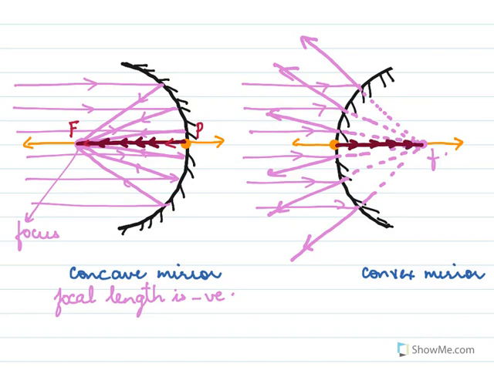From the pole we go to the focus towards the right, and hence the focus will be positive. So focal length in a convex mirror is positive. So you got to remember this.